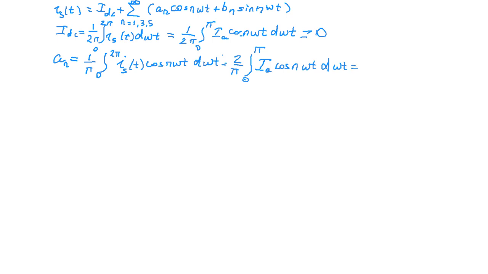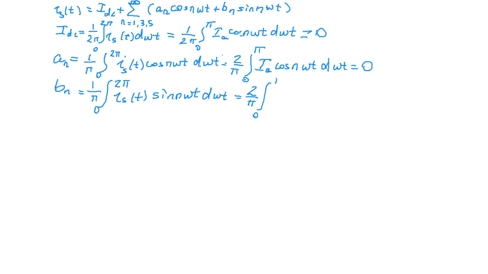IN is 0. Bn is equal to 1 over pi integral from 0 to 2 pi. In that case, IST times sine n omega t d omega t, which is equal to 2 over pi from 0 to pi IA sine n omega t d omega t.